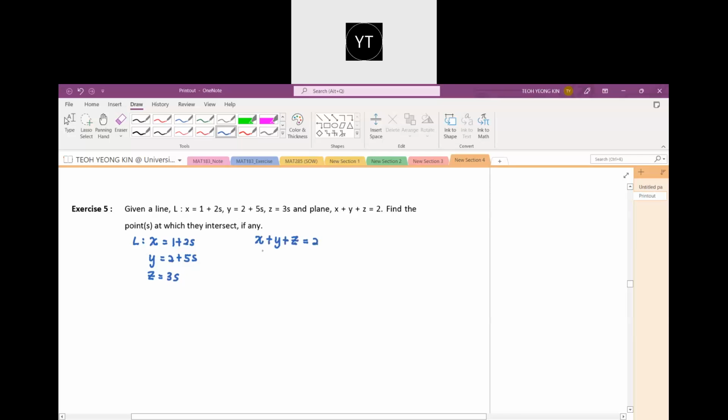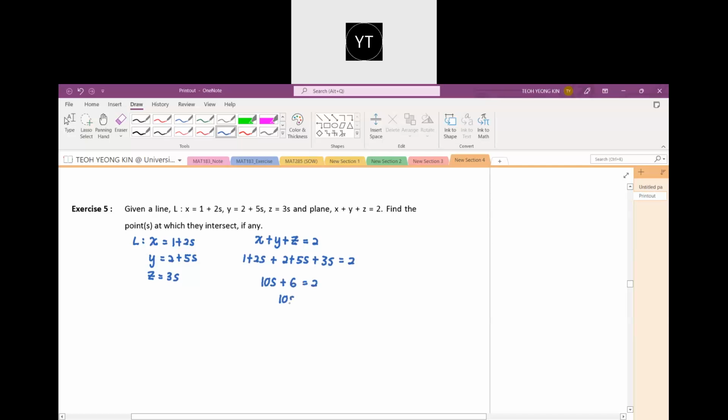So 1 plus 2s, plus 2 plus 5s, plus 3s, equals 2. Adding 2s plus 5s plus 3s gives 10s, and 1 plus 2 is 3, so we have 10s plus 3 equals 2.